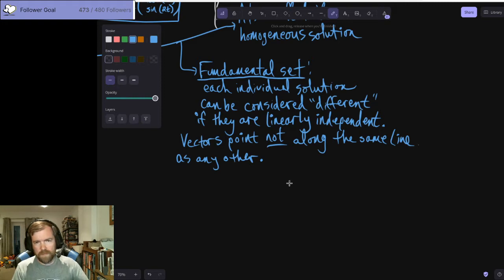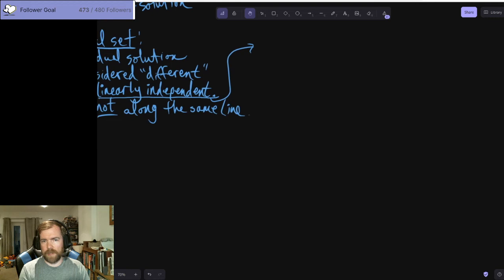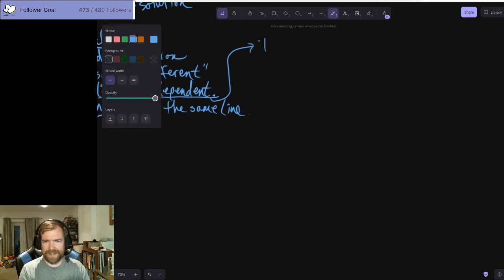So if we want linear independence, we want to ensure that C1, C2, and so on are all 0. That's the only way. Correct. So I did misspeak.